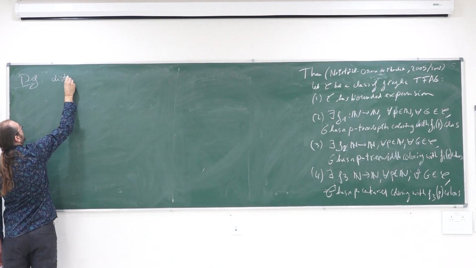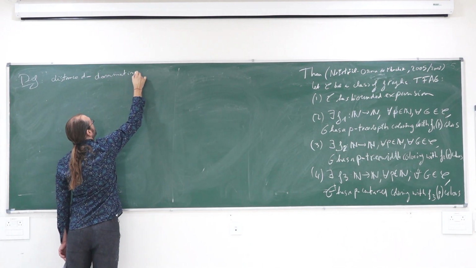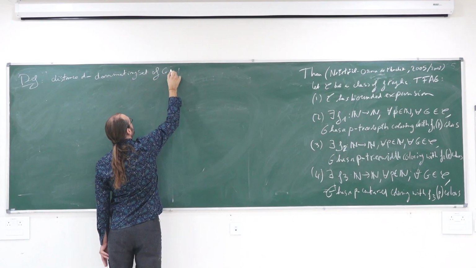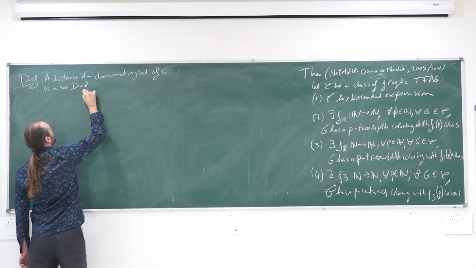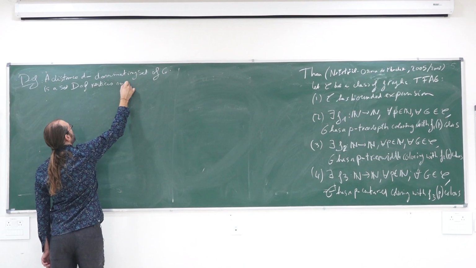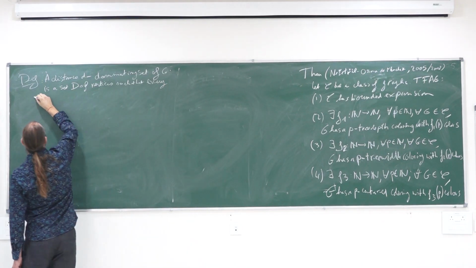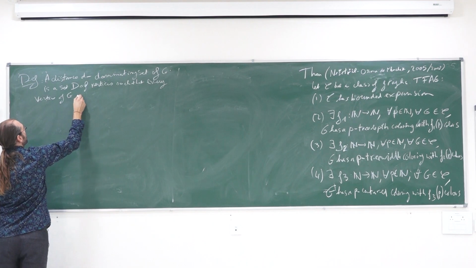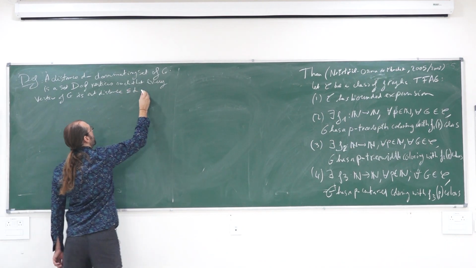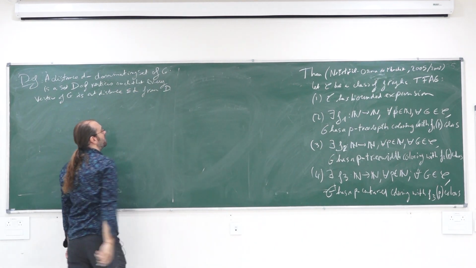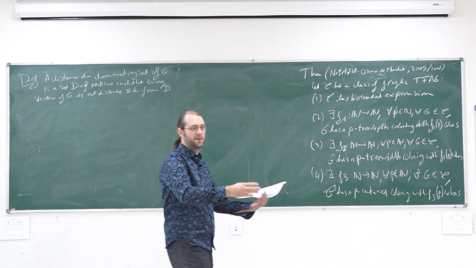The distance d dominating set. In a graph G, this is a set D of vertices such that every vertex is d-dominated, which means it's at distance at most d from somebody in D. So it's like the normal dominating set, but instead of distance 1, we now use distance d.